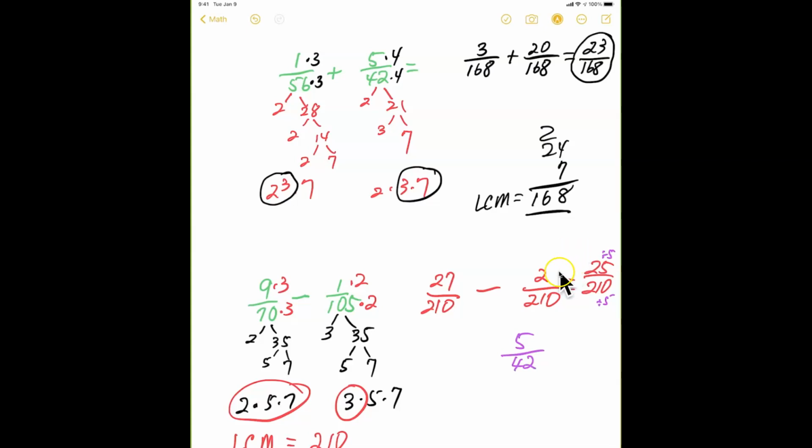And if we do a prime factorization now with the numbers smaller, 5 is prime, and 42 we could get 2, 21, 3, 7. So no factors in common. 5 and 42 are co-prime, and that's as far as we need to go.